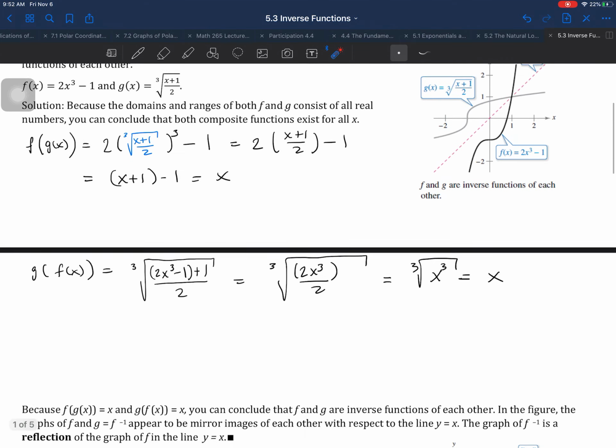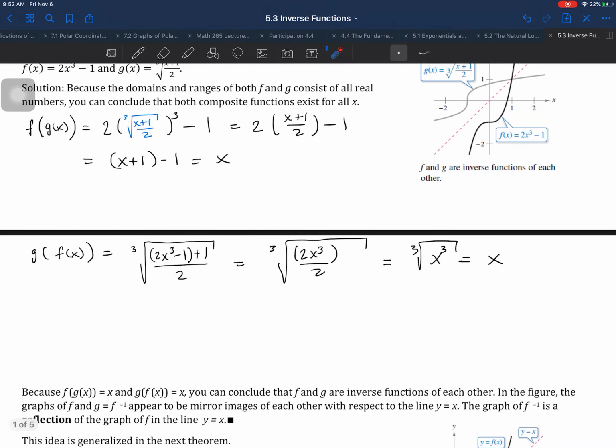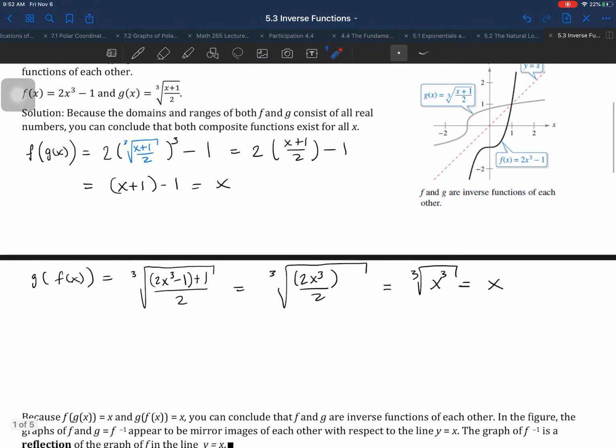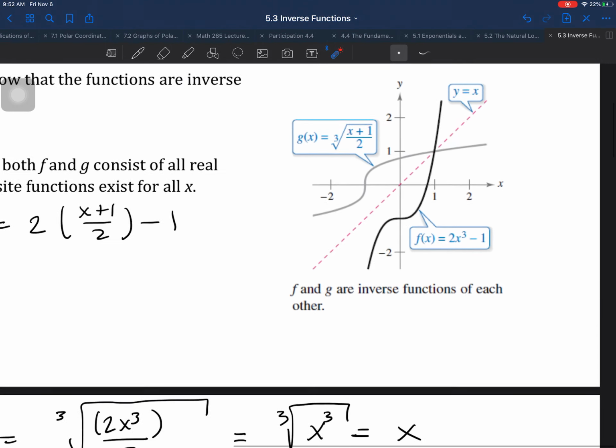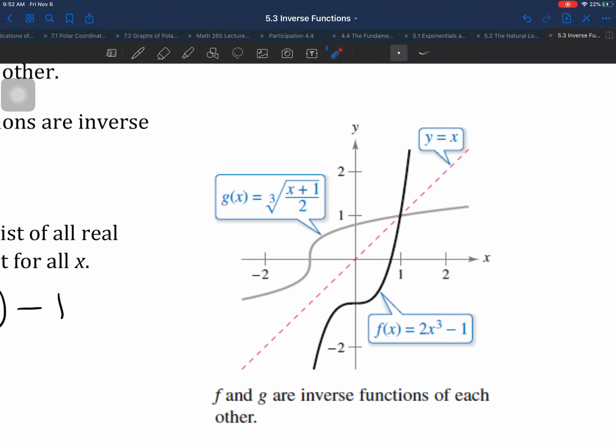Now that we have seen this, we're sort of done with this part of the problem, but what's interesting for us to make note of is this picture. We talked about this in college algebra, but I want to emphasize it again. This is the sketch of the original function, and this is the inverse function.